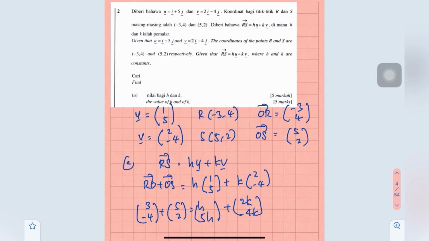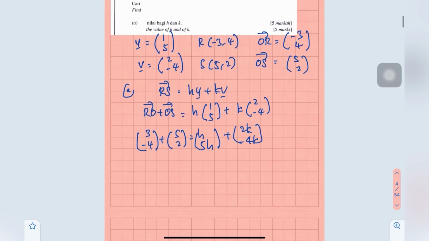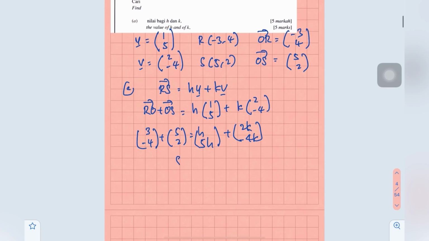Okay, so then the rest kita just simplify je equation ni. So kita dapat 8, negative 2 equals h plus 2k and 5h minus 4k.